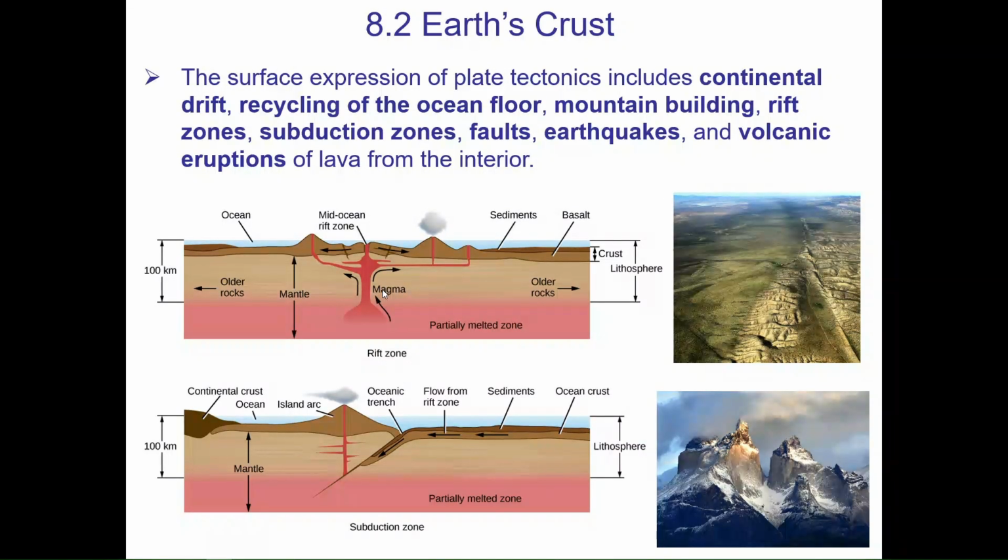Let's first look at the rift zone. The rift zone is created when two plates move away from or pull apart from each other. You can imagine that when two plates pull apart, they will leave a gap in between, right?